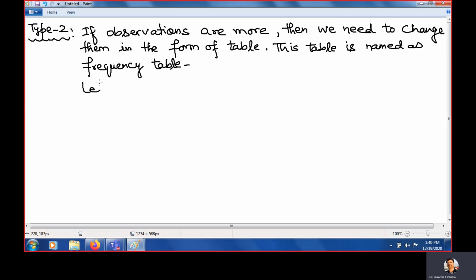Let the marks be as follows. Okay, so what are the marks?